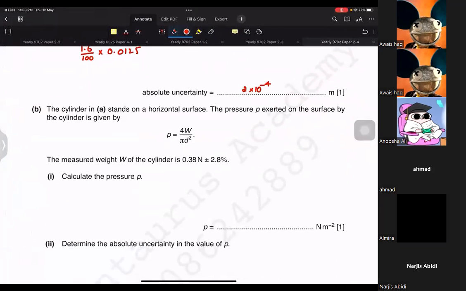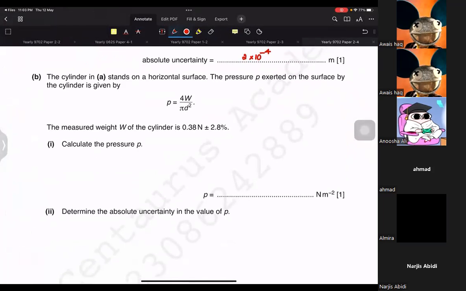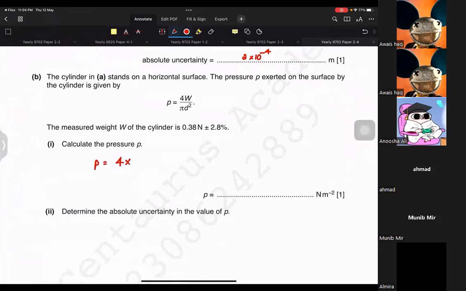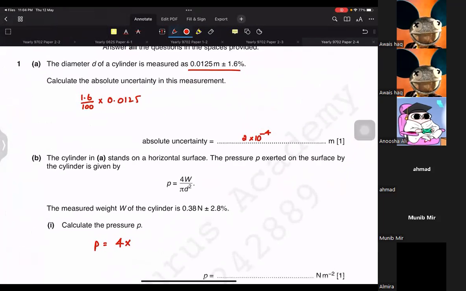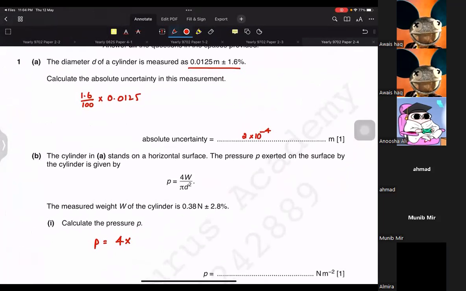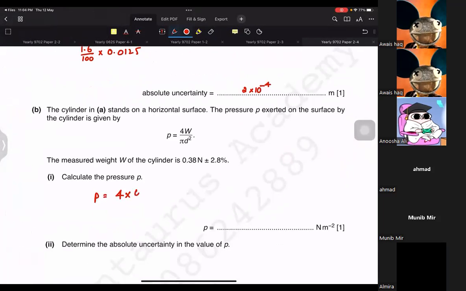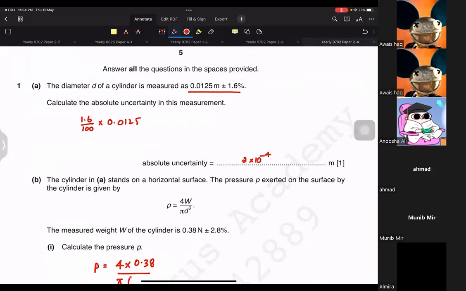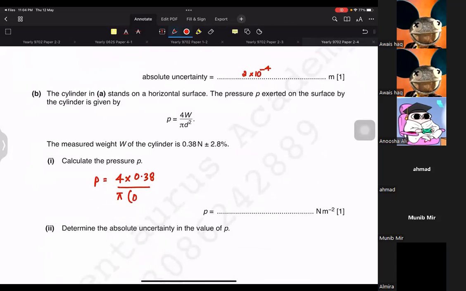That's fine. Now, the cylinder stands on a horizontal surface, and we want to calculate the pressure P. So the weight, where's the weight? Oh yeah, it's there. 0.38 divided by 5, and the diameter is 0.0125 whole squared.